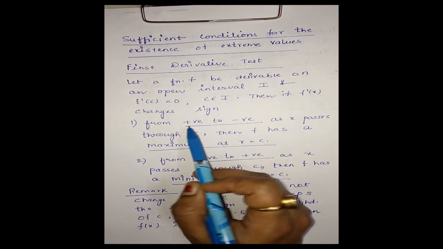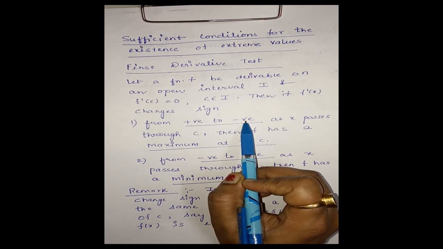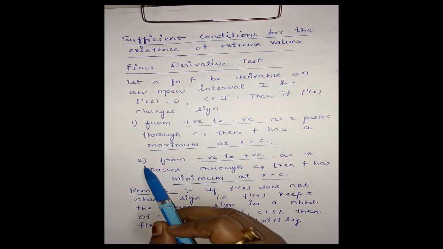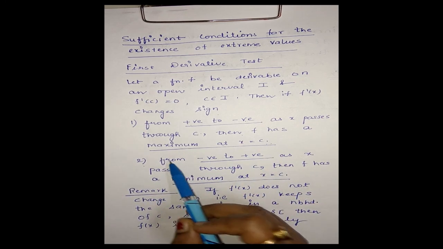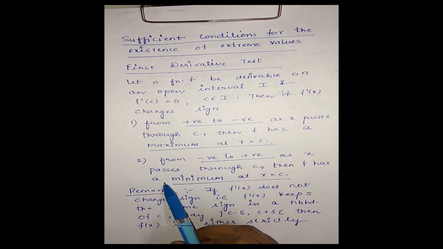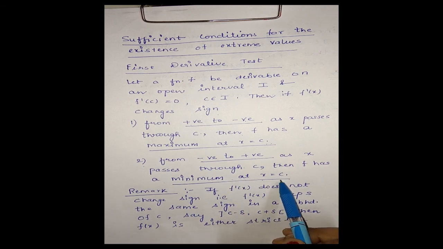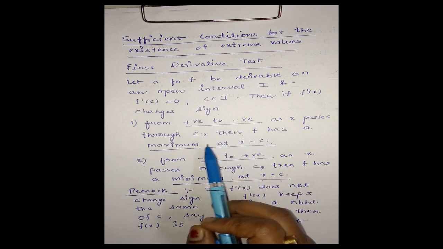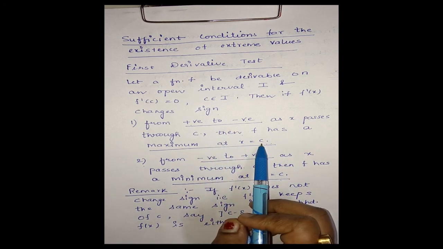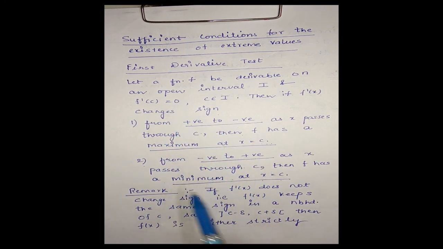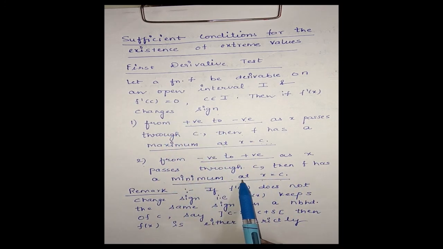If f'(x) changes sign from positive to negative, then f has a maximum at x = c. Second, if f'(x) changes sign from negative to positive as x passes through c, then f has a minimum at x = c.